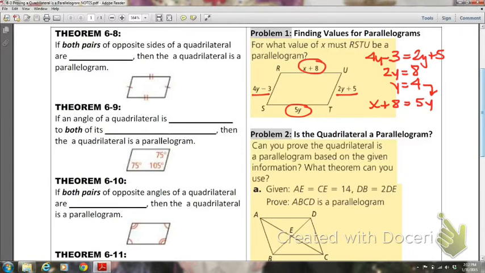So we get x plus 8 is equal to 5 times 4, so x plus 8 is equal to 20. If you subtract 8 from both sides, you get x is equal to 12. So the answer for what value of x must RSTU be a parallelogram is x has to be 12.